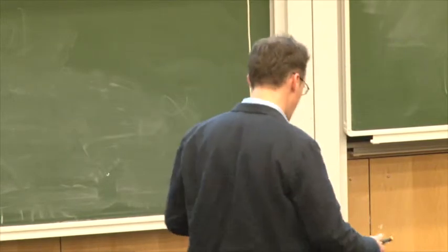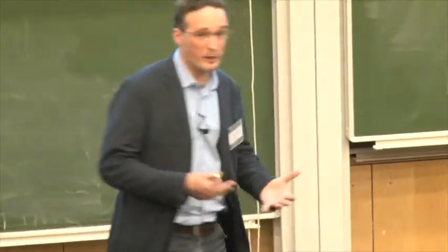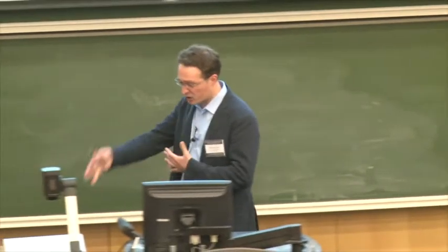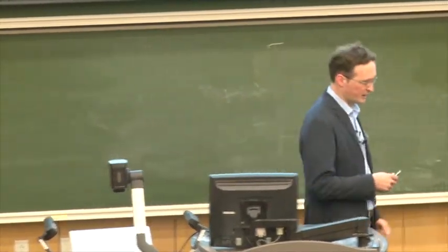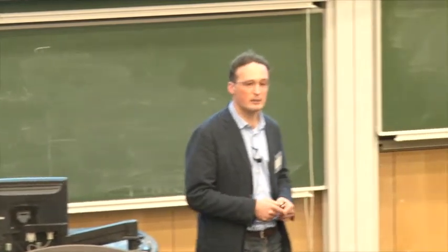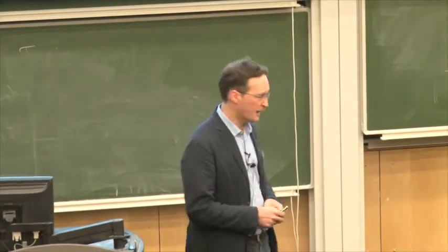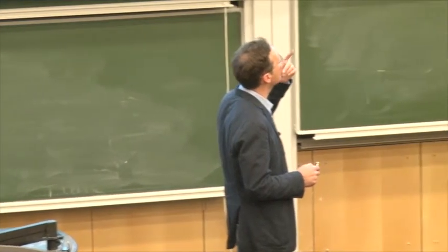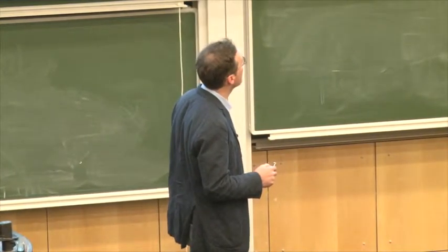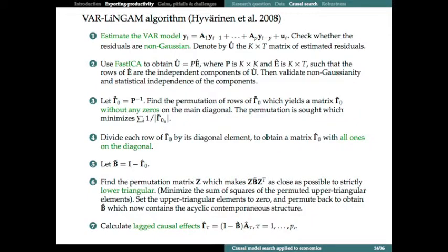So you see the estimated residual as a mixture of these independent shocks, which are latent. And the ICA algorithm, the independent component analysis, is able to recover this mixing matrix, the matrix P, which mixes the independent shocks.